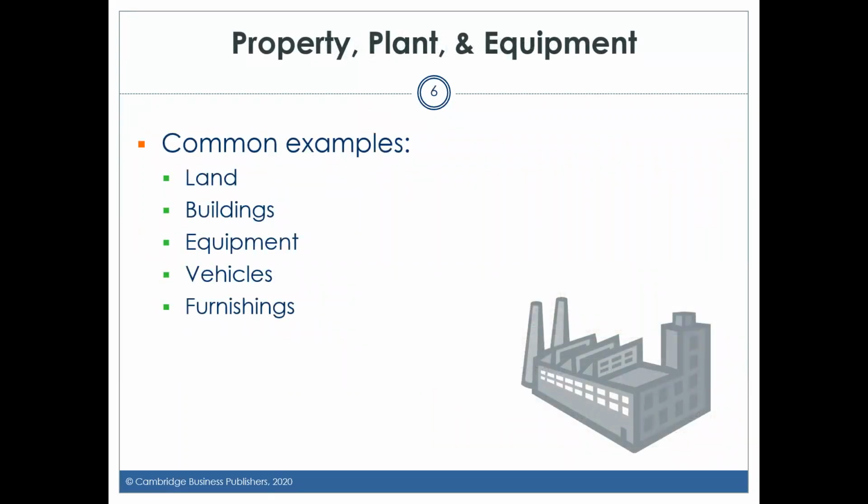Common examples of property, plant, and equipment: land, that's property. Plant, those are buildings. Equipment, that's equipment. Vehicles, furnishings, those all fall under the category of equipment.